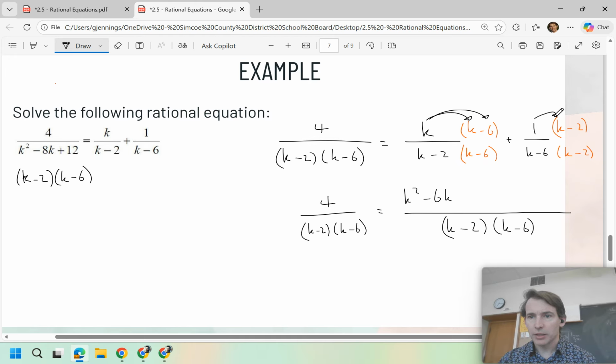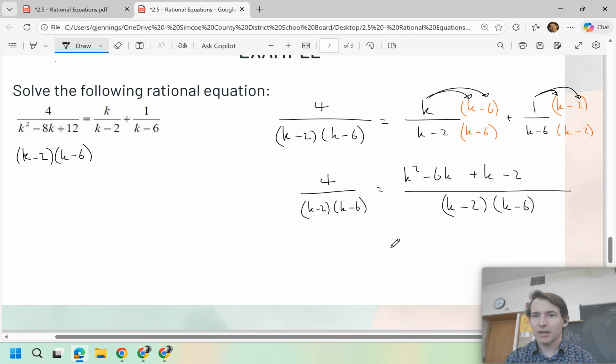Plus 1 distributed in here, so that's plus k minus 2. Okay, and now we simplify. So this is 4 over. I can't. I just gotta get rid of it.